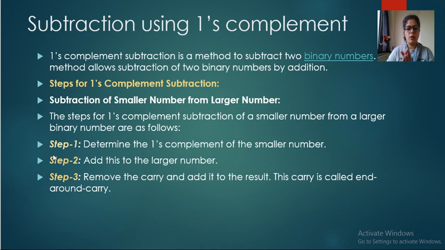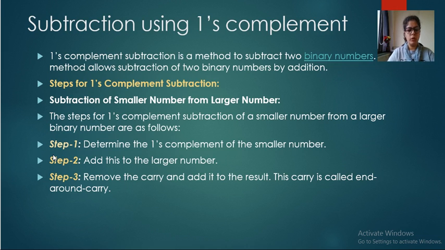Look at step number 1. In the first step, you have to calculate the 1's complement of the smaller number. See students, we have two numbers, one is the larger number and one is the smaller number. For example, in 9 minus 7, we have to calculate the 1's complement of the smaller number.